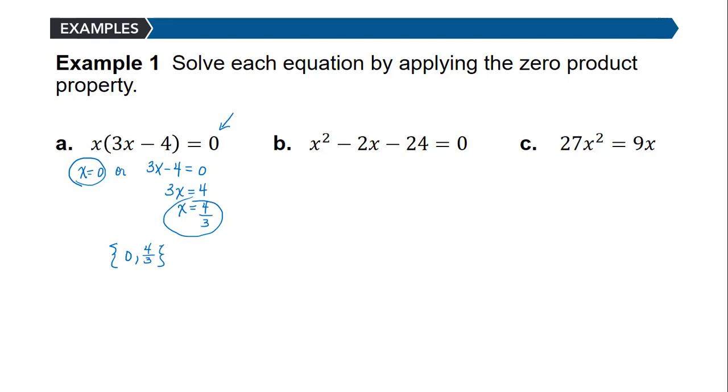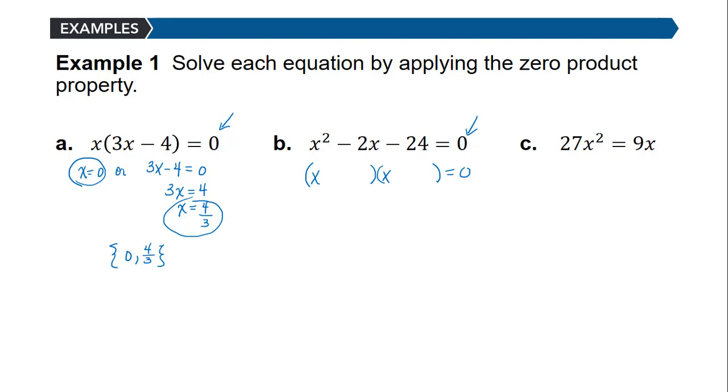Example B, x squared minus 2x minus 24 equals 0. We have 0 on one side, and we actually have this equation in standard form. So now we need to write the x squared minus 2x minus 24 as a product. That is, we need to factor it. To factor this trinomial, we need to find the factors of negative 24 whose sum is negative 2.